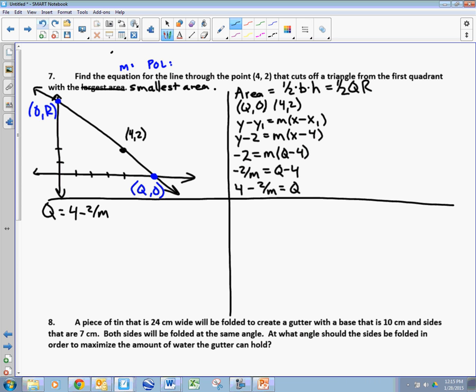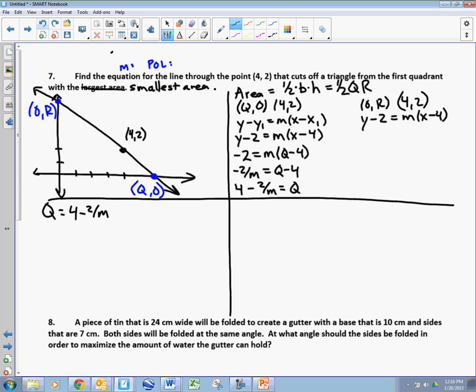Very good. Do the same thing for r. So we have (0, r), and we have (4, 2). You know that your line is y minus y1, or y minus 2, equals m times x minus 4. What do I put in for y?